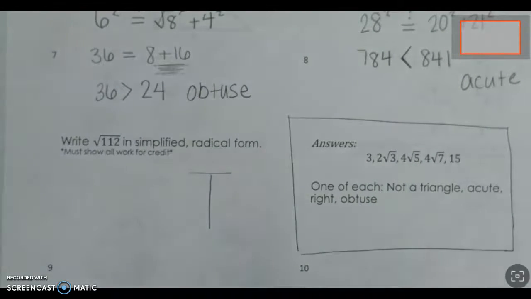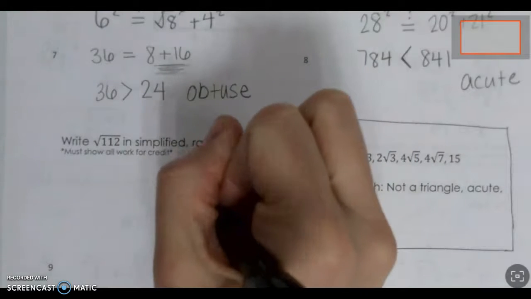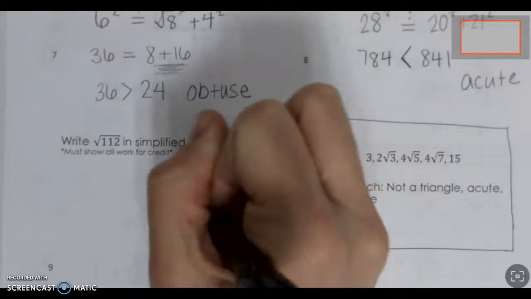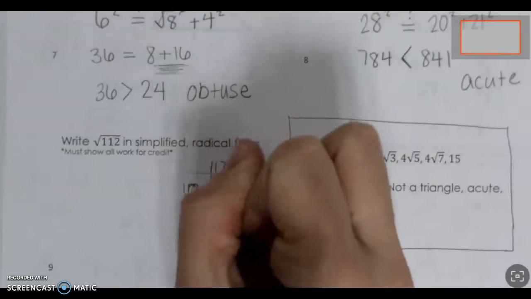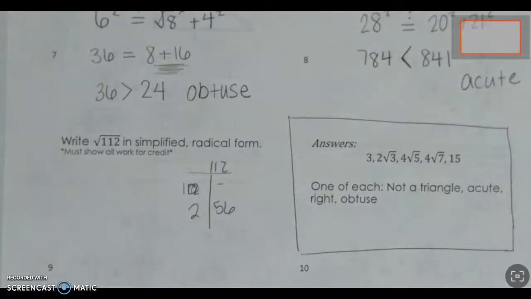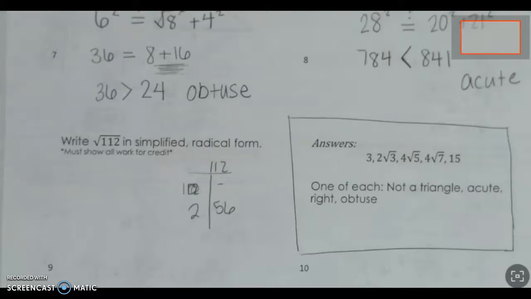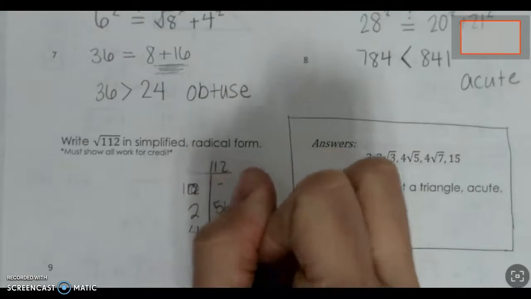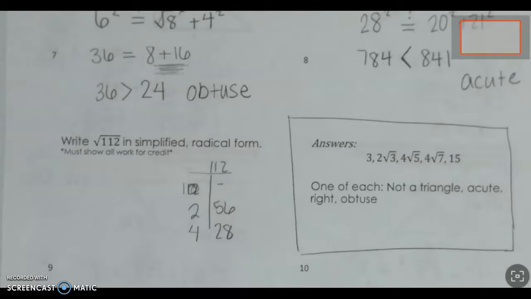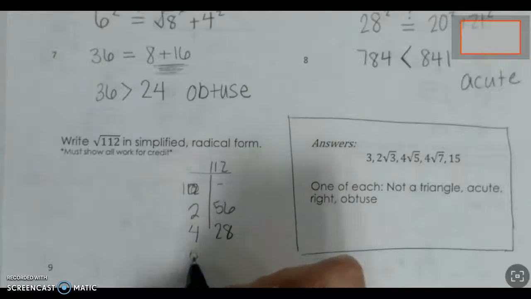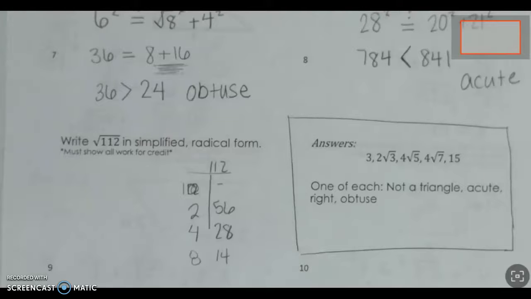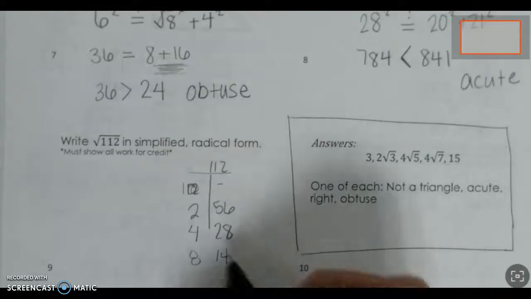No, but it does mean that for your radical, you have to show what perfect square. 112, so it's 2 and 56, 112 divided by 3 doesn't work, divided by 4 is 28, 5 doesn't work, 6 doesn't work, let's divide by 8, 8 is 14, maybe 12. Nope, that's it.